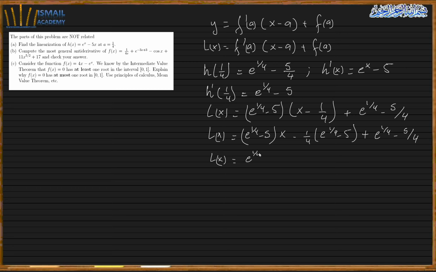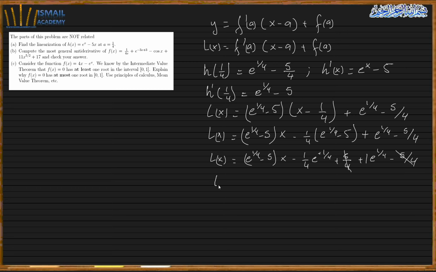L(x) equals (e to the 1/4 minus 5) x minus 1/4 e to the 1/4 plus 5 over 4 plus e to the 1/4 minus 5 over 4. So this cancels out, and minus 1/4, we have 1 here, so it's going to be 3/4.